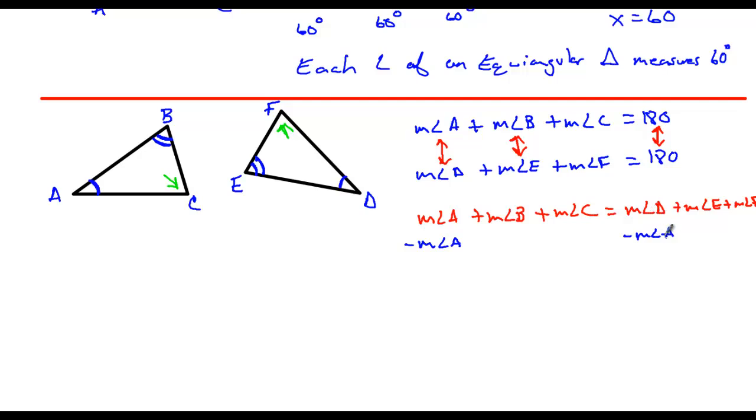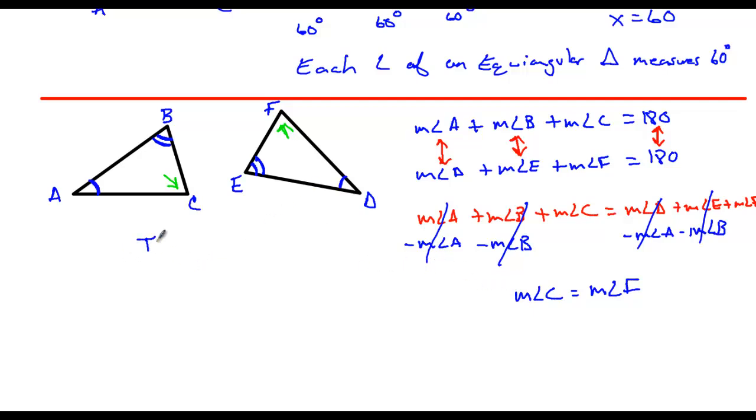Now you might think, well, you can't do D minus A, but I can because I know they're congruent. So those would just go away. And if I subtract the measure of angle B, I know that E and B are congruent, so those go away. And all I'm left with is that the measure of angle C equals the measure of angle F. So that tells me that they're congruent.